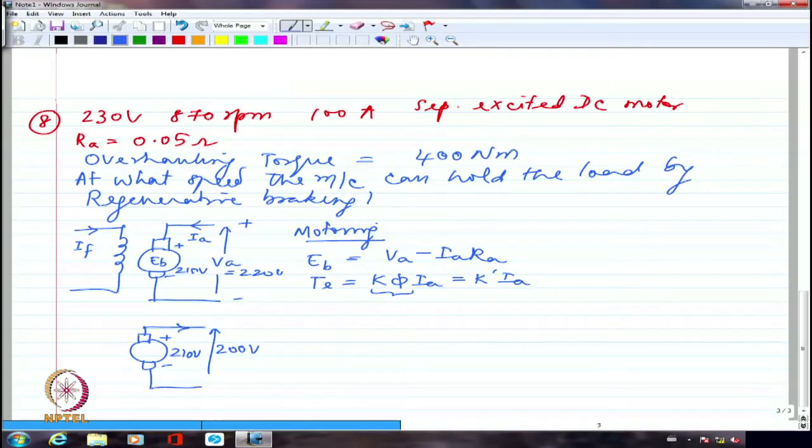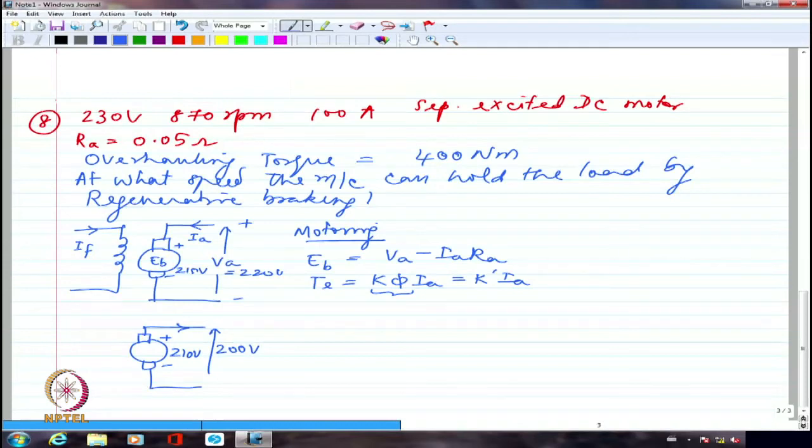If the current starts flowing in the opposite direction, if there is a battery, that battery is going to get charged, right? So I am essentially using the kinetic energy stored in my inertia, in my rotational system, that is being converted into electrical energy, and that is being fed back to the battery or the source in whatever way it is. Because of which I am utilizing the process of losing the kinetic energy rather than dissipating it in the external resistance, what I did in dynamic braking.